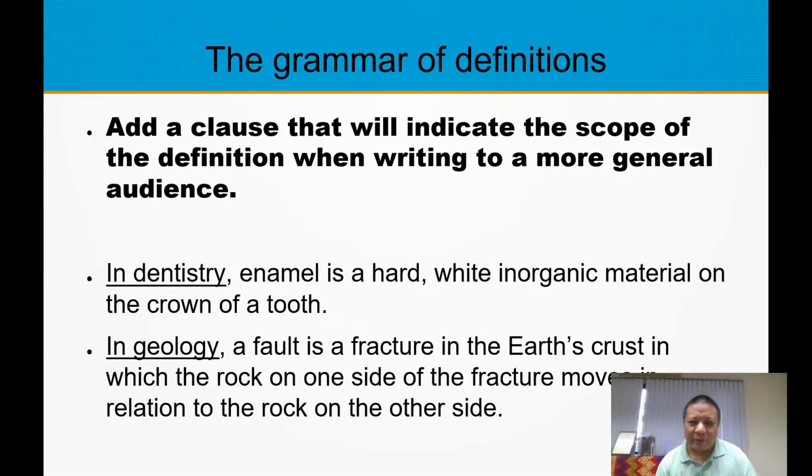But in dentistry, enamel is a hard, white, inorganic material on the crown of a tooth. In geology, a fault is a fracture on the Earth's crust in which the rock on one side of the fracture moves in relation to the rock on the other side. Okay?